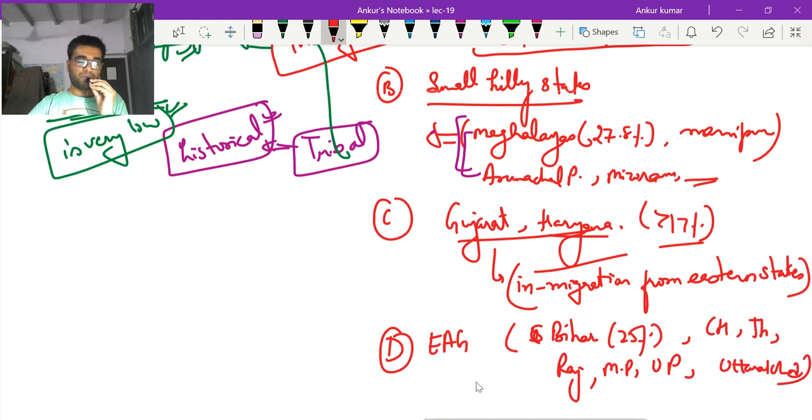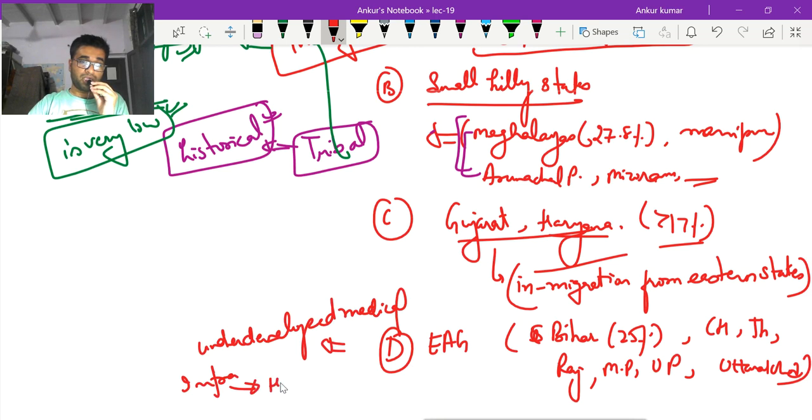In these states, the population growth was more than 17.6%, and the reason was their underdeveloped medical infrastructure, and this led to a high infant mortality rate, a high maternal mortality rate, and because of this, the insecurity produced led to a high fertility rate.